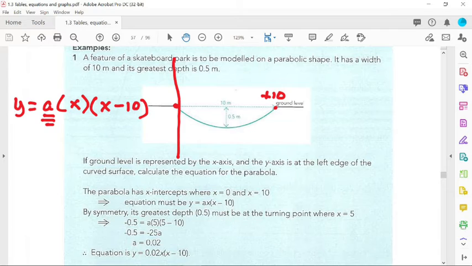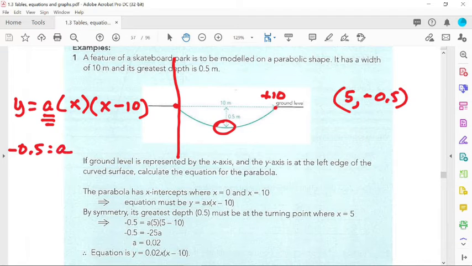So instead, we'll use the vertex, which we just said was the point (5, -0.5). So in place of x, I'm going to put a 5, and in place of y, I'm going to put -0.5. So -0.5 equals a times 5 times (5 minus 10).